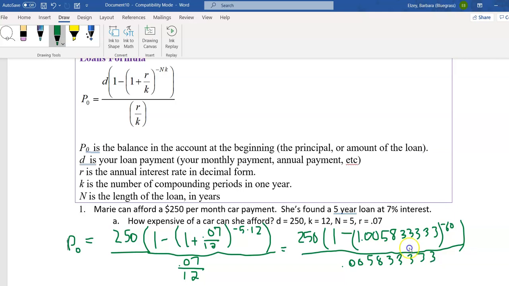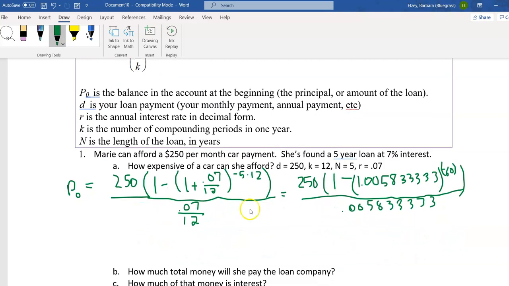All right, now, next in our order of operations, we've got to raise this to the negative 60th power. Very important, though. Whenever we've got a negative power, when we raise it to this, we need to, in our calculator, put that negative 60 in parentheses, or it could give us something that's very off as an answer. All right, so let's do the exponent part.